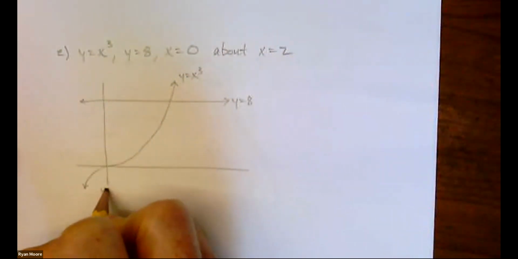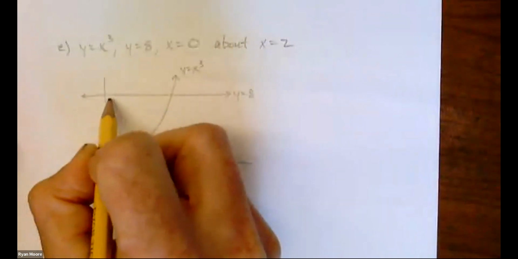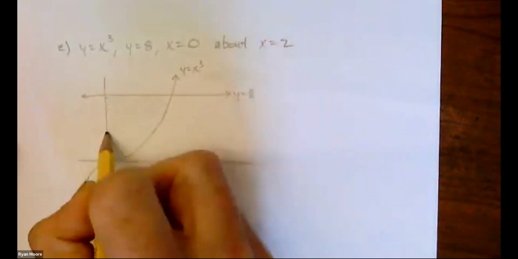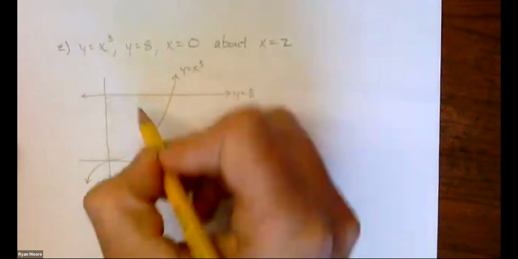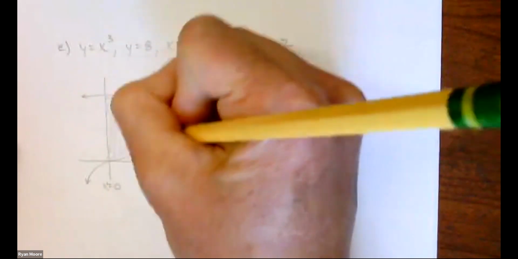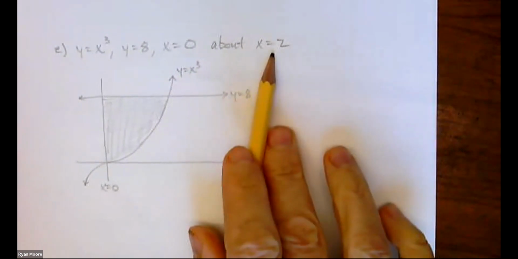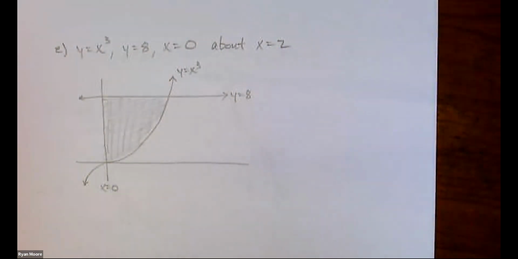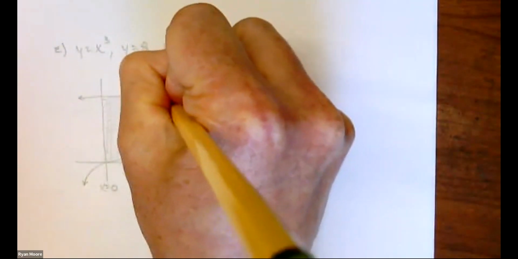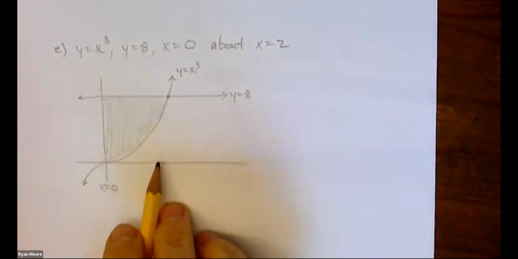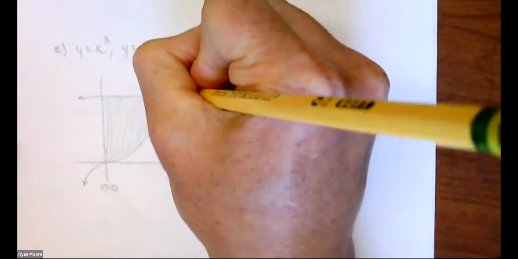Okay, x equals 0 right here. So we've got this region. Looks good. But now we're rotating around x equals 2. Now this is key to being careful with your graph. Turns out where those intersect, that's right at 2.